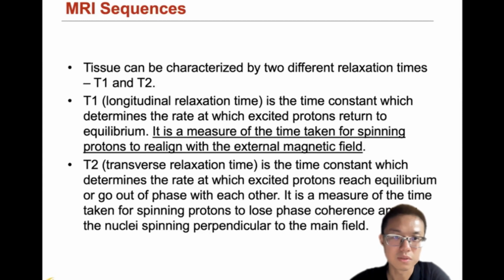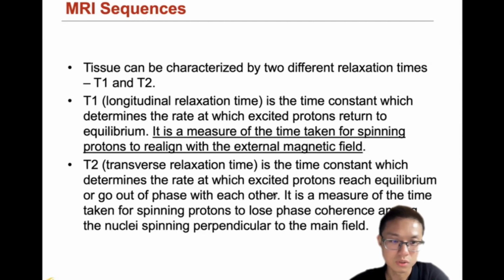So it turns out tissues can be characterized by two different relaxation times, T1 and T2. So here are the definitions of T1 and T2. T1, the longitudinal relaxation time, is the time constant which determines the rate at which excited protons return to equilibrium. It is a measure of the time taken for the spinning protons to realign with their internal magnetic field.